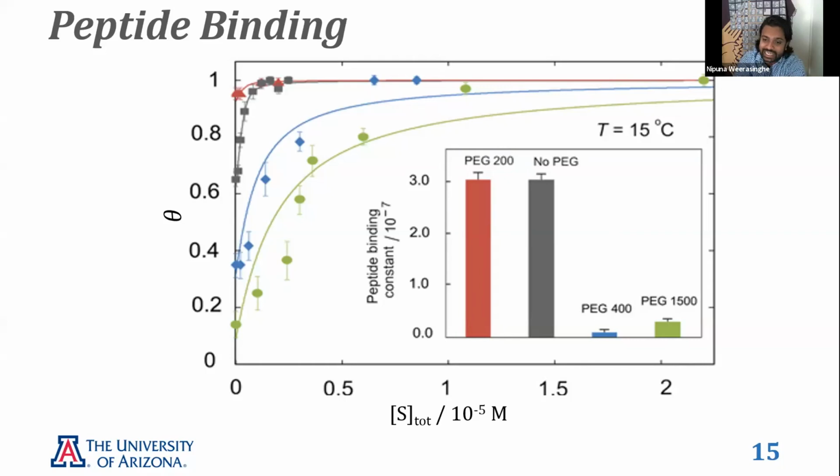So this indicates that the large osmolytes dehydrate the protein and reduce the binding affinity of G protein to activated rhodopsin. So both the activation process of rhodopsin and the binding process of the G protein depend on the hydration-dehydration condition in the cell. So based on this information, we developed a new model.